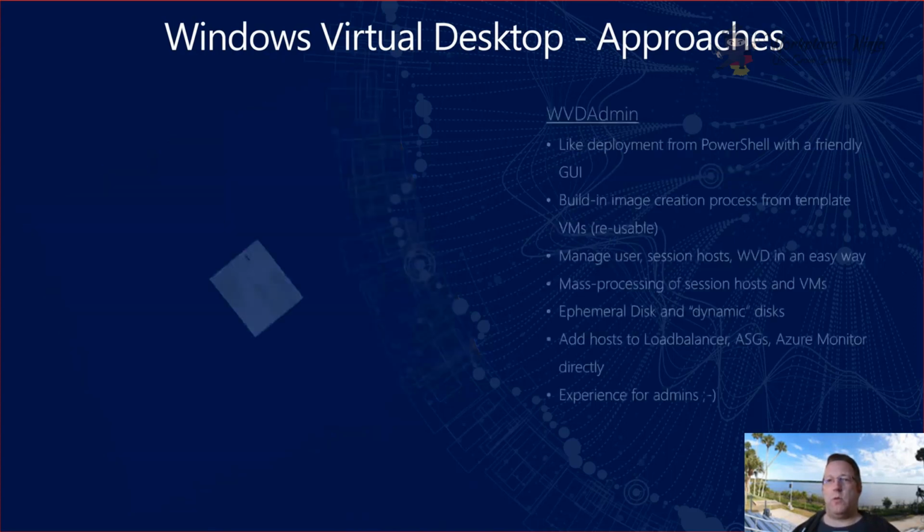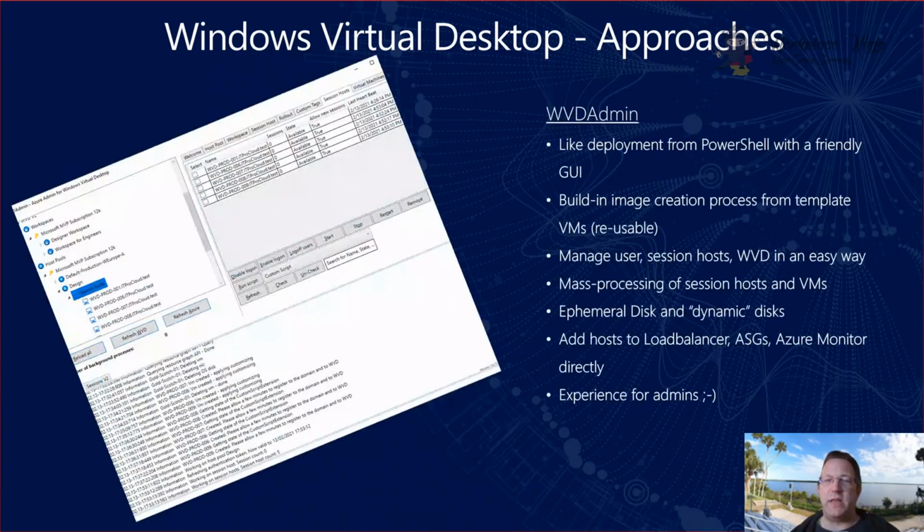The third approach I want to talk about is the solution that I built, I think more than 1 year ago. That is a Win32 application running in 64-bit, which allows you to manage WVD straightforwardly. So you could use this in the past for the older WVD version to create the host pools, the application groups, and so on, and add users to the application group.